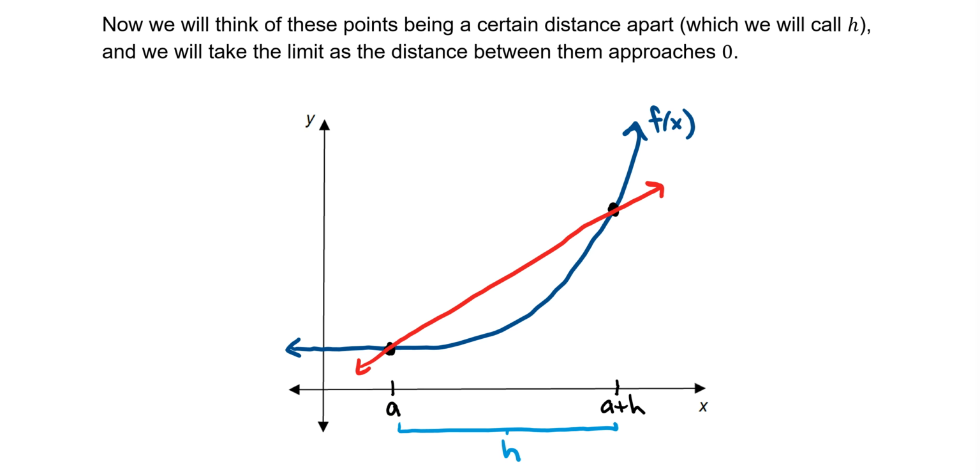And now what we're going to be doing is the same thing, except we're going to be thinking about h approaching 0. So we're still going to be moving the second point closer to the first point in order to make the secant line become the tangent line. But instead of thinking about it as x approaches a, we're thinking about it as h approaching 0.